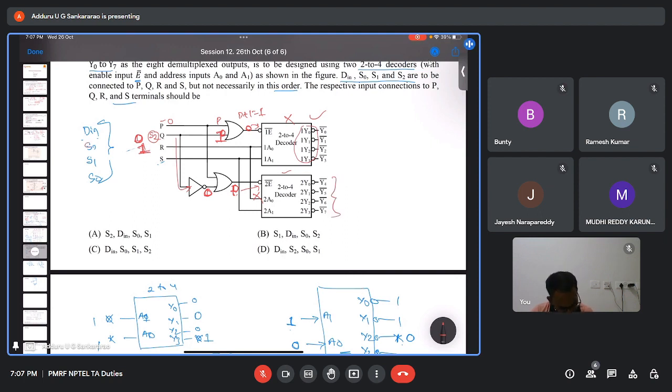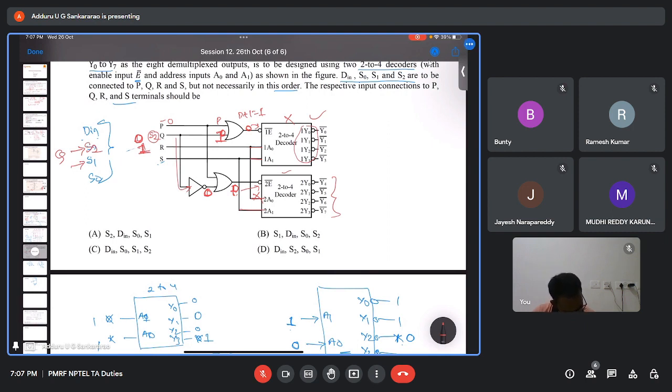That means clearly we can say S2 is connected to Q, one of the selection lines. Now what about R and S? R and S, that is common to A1 and A0.